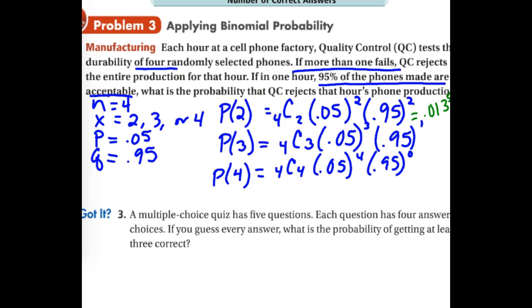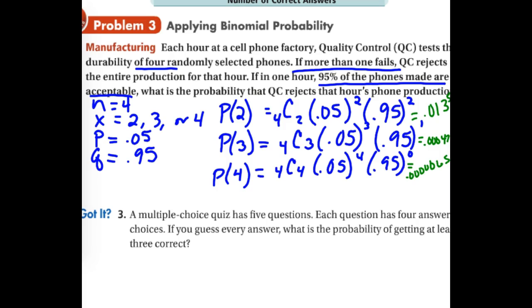And then for our next one? 0.000475. There's 3 zeros. And then the last one? 0.00000625. So the probability that all 4 phones don't work is very, very tiny, right?